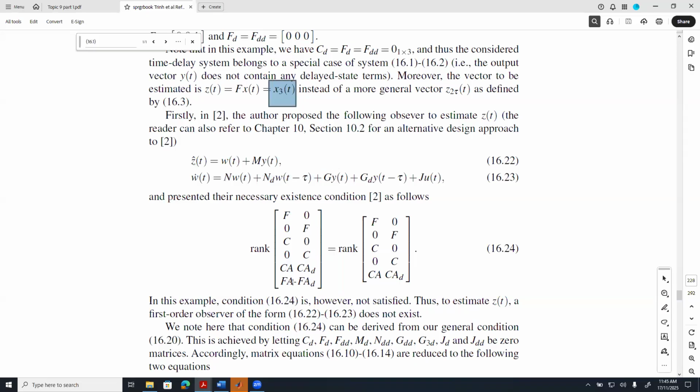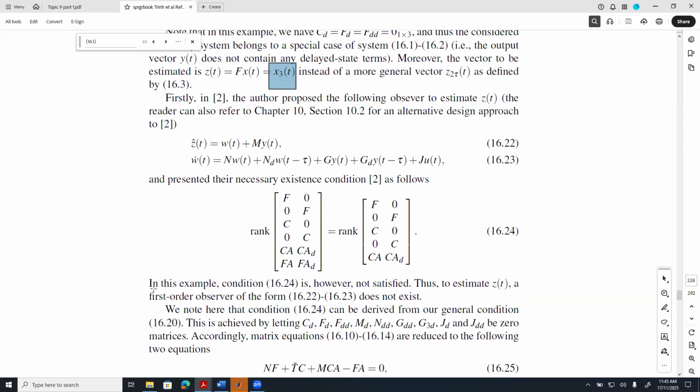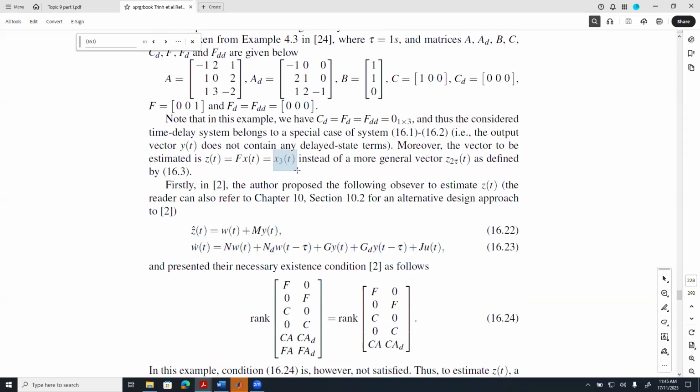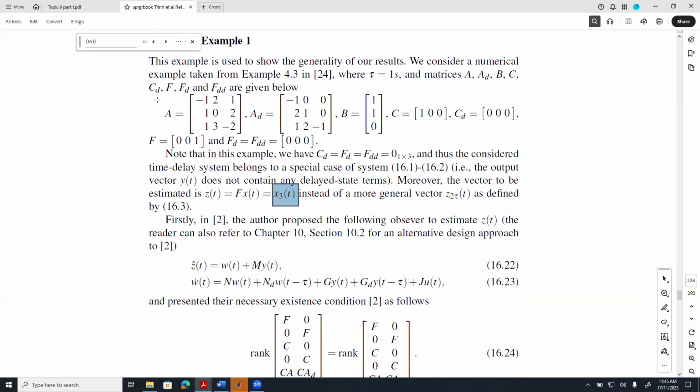Does not exist. What it is saying is that if we are looking for a first order observer of this structure to estimate this state variable for this time delay system, it does not exist.